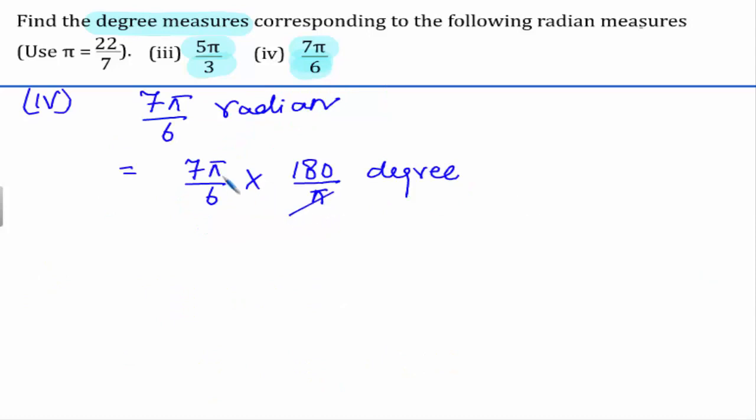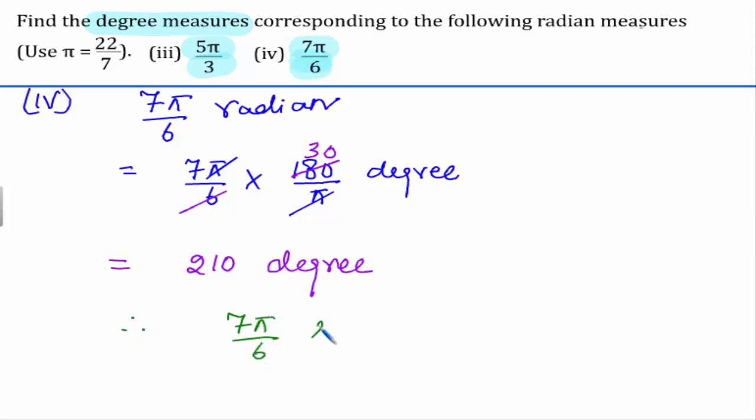Now cancelling pi with pi, and 6 into 30 gives 180, so we have 210 degree. Therefore, 7 pi upon 6 radian is equal to 210 degrees. This completes the solution.